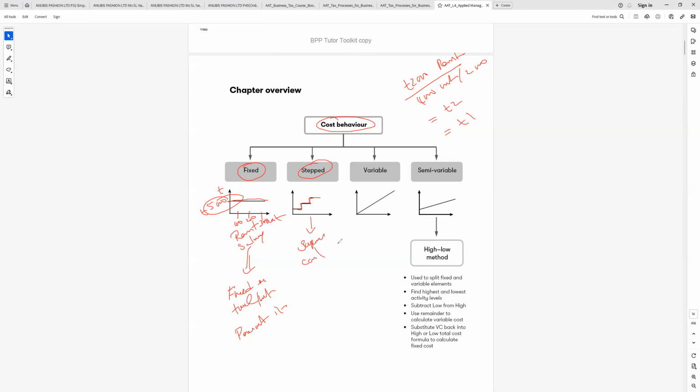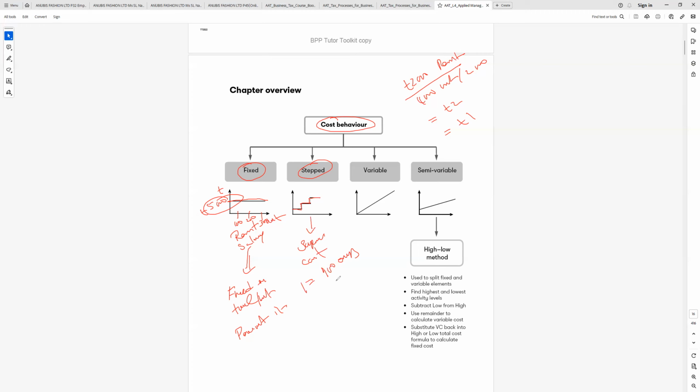Supervision cost means, for example, under one supervisor, maybe he can supervise 100 employees. Now, if it is more than 100 employees, then the supervisor needs another session, or maybe we need another supervisor.